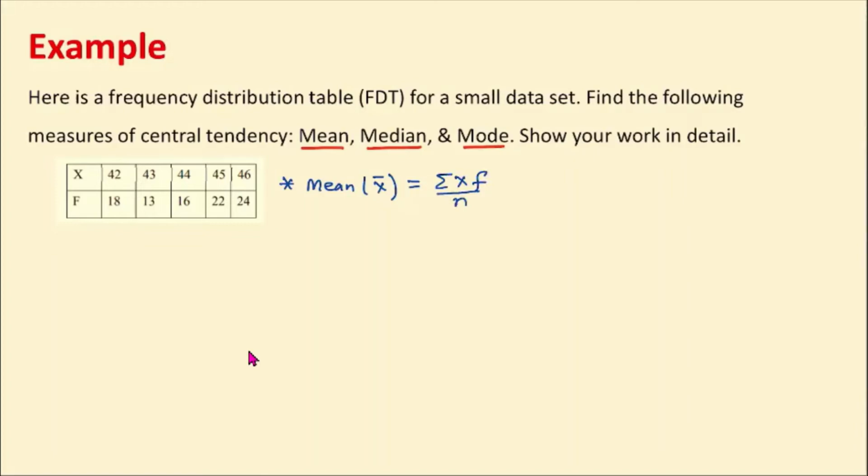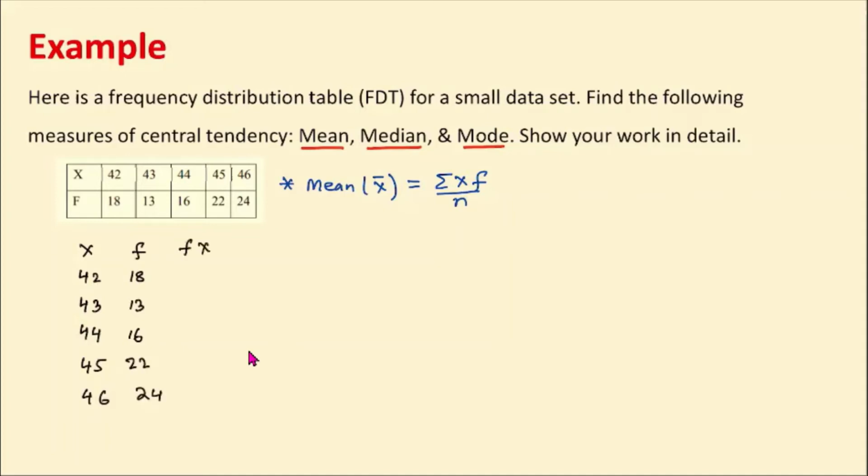Here we have X values as 42, 43, 44, 45, and 46. Frequencies are 18, 13, 16, 22, and 24.